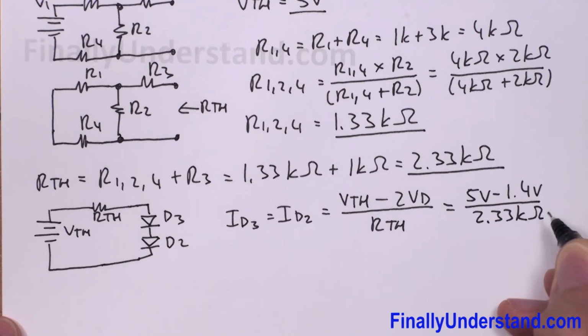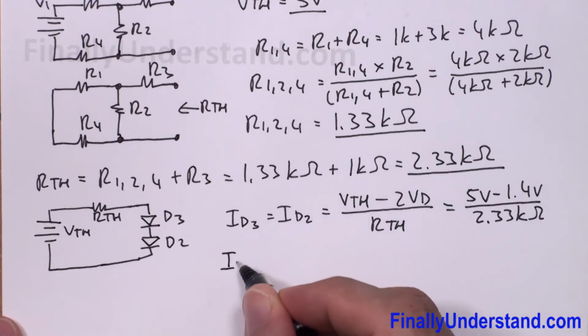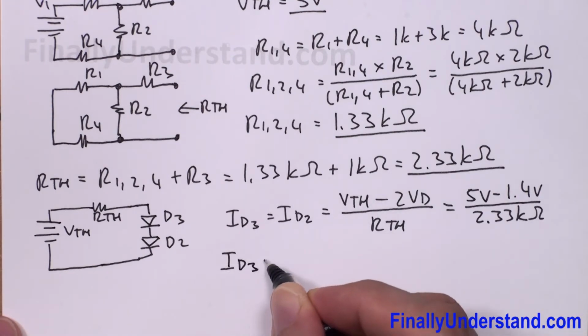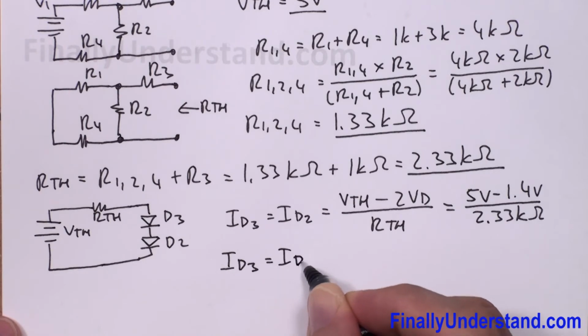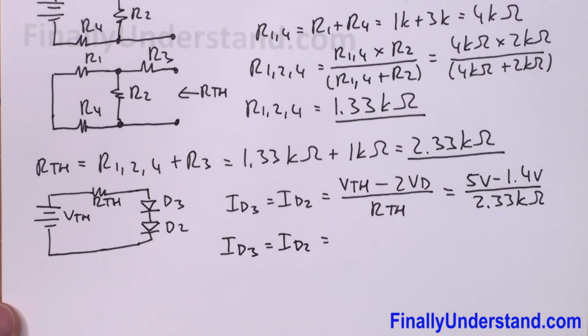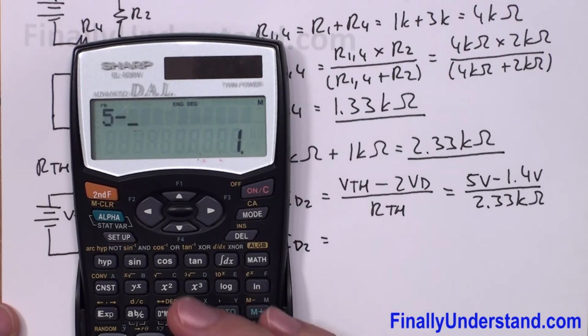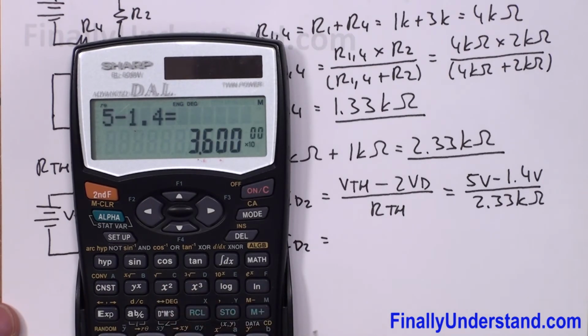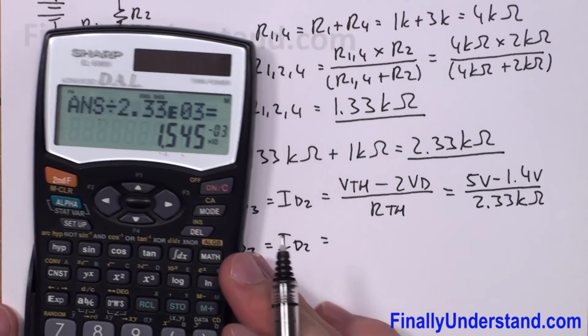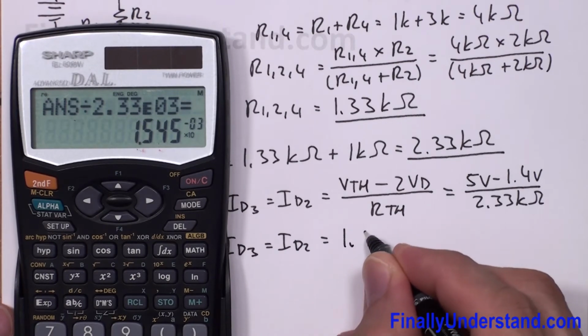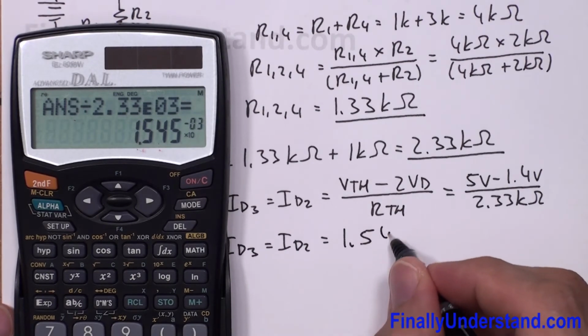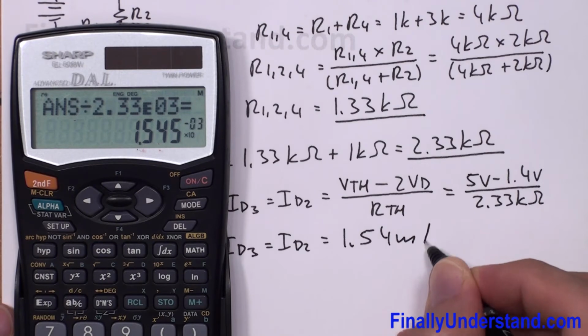So ID3, which is equal to ID2, is equal 5 minus 1.4 divided by 2.33 times 10 to the 3, equals 1.54 milliamps.